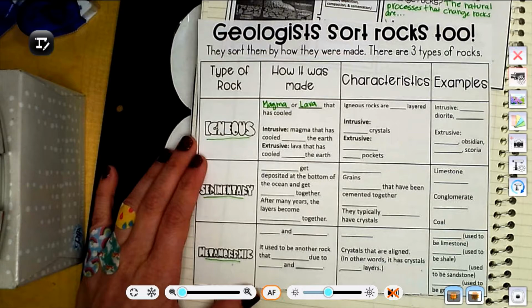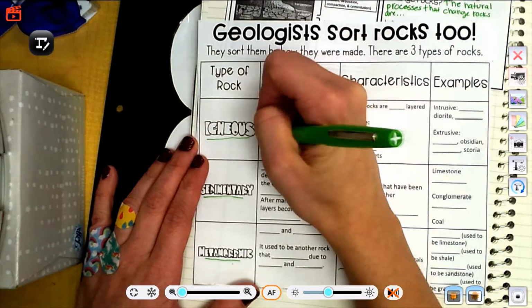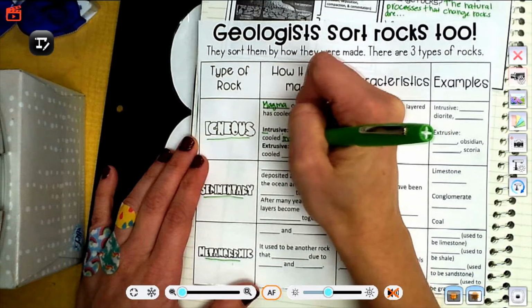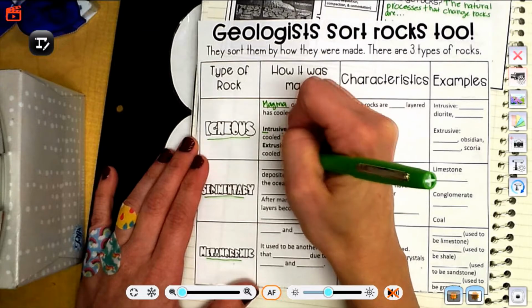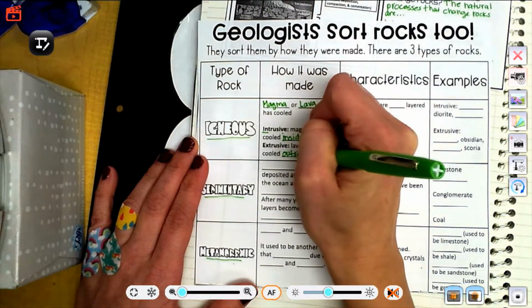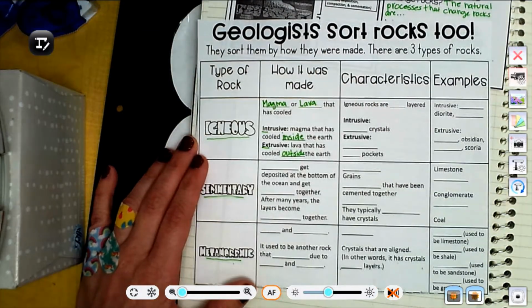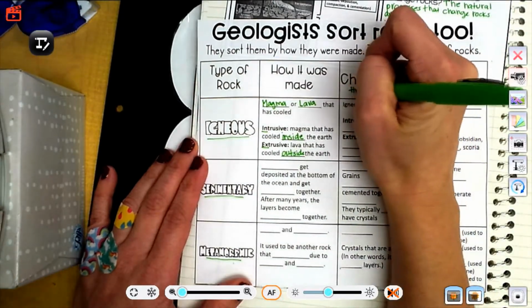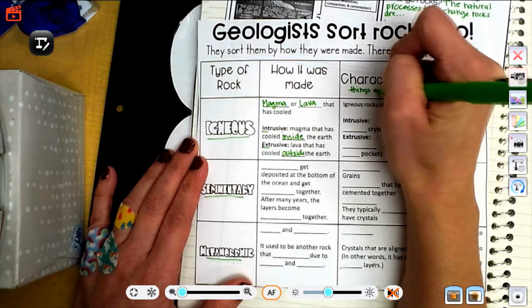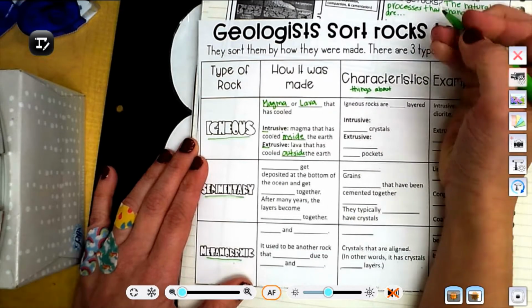Intrusive igneous rocks are when magma that has cooled inside the earth, and extrusive lava that has cooled outside or exited. So characteristics, that means like things about them. So it's like if you were describing a character in a book.